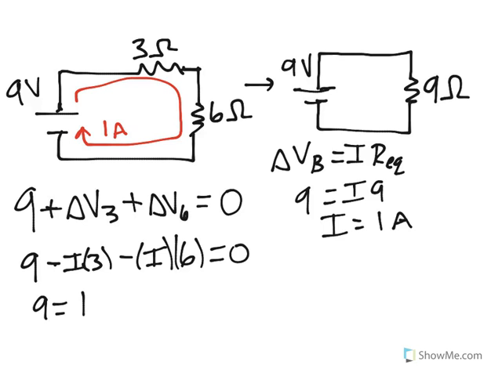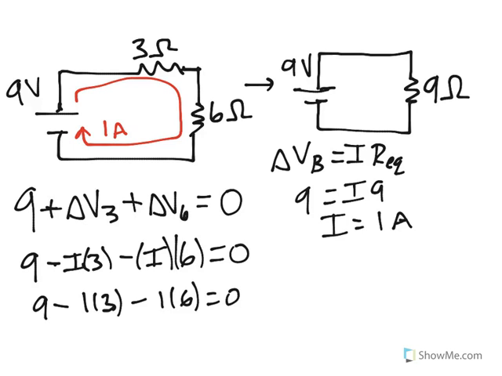And I know this is just 1 times 3. 1 times 3 minus 1 times 6 is equal to 0. So that's putting all the information in, and that tells me something I already know. 9 minus 9 equals 0.